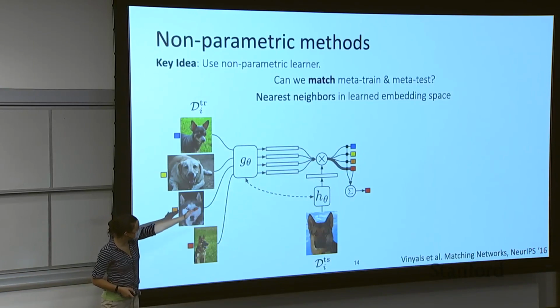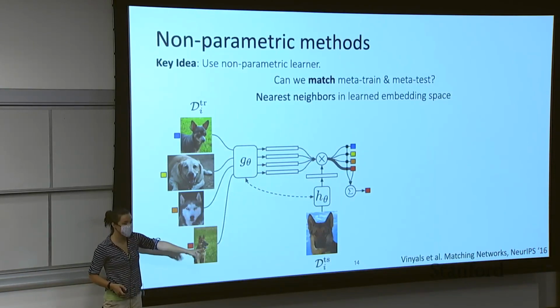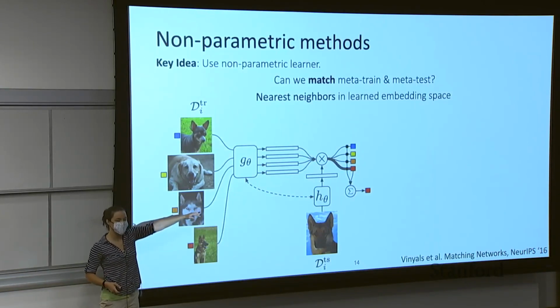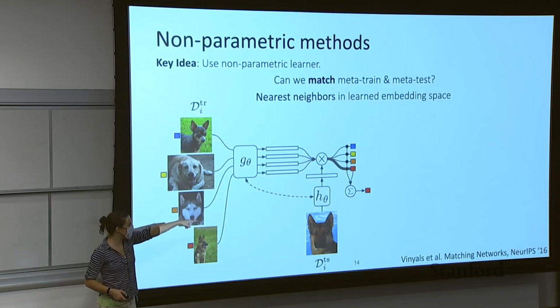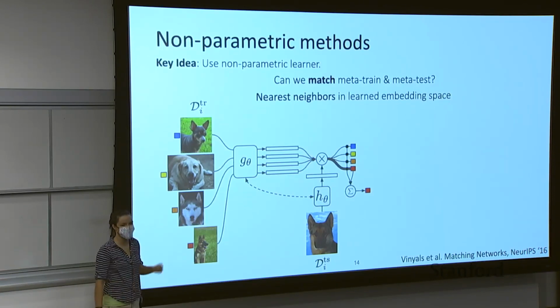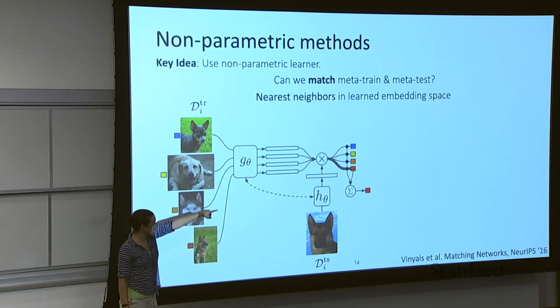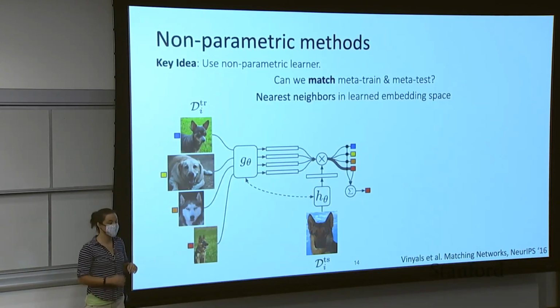And then we do nearest neighbors with our test example in a differentiable way, such that we output the label corresponding to the thing that we're closest to. So in this case, maybe it decides that the weight for this example is the highest, and so we'll output essentially a softmax distribution over those weights.